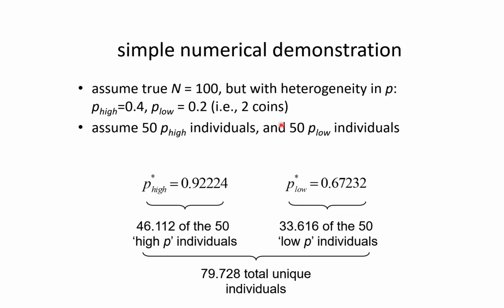What if we have the situation, though, where instead of everybody flipping the same coin, now we've got heterogeneity? We'll pretend that we have 2 types or classes of individuals, those with a high encounter probability of 0.4 and those with a low encounter probability of 0.2. I picked those values because the mean of 0.4 and 0.2 is 0.3.